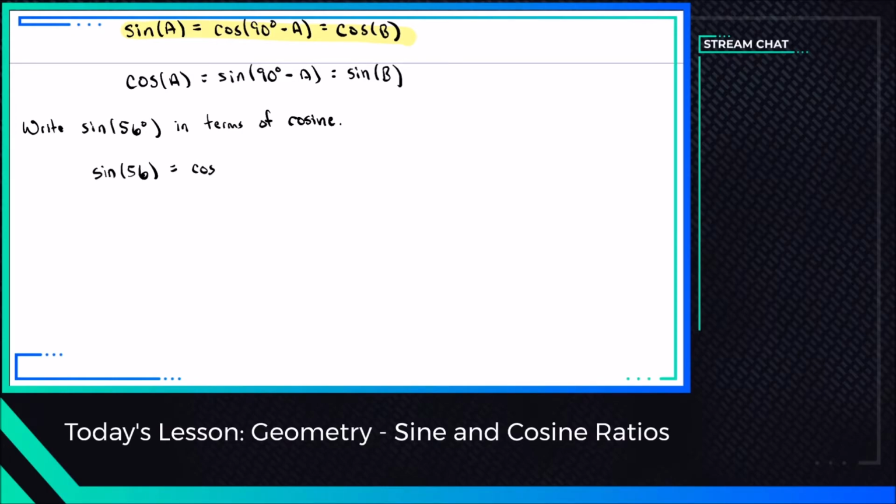If we look at this formula that I just highlighted in yellow, we're going to write the cosine of 90 degrees minus 56 degrees, or the cosine of 34.